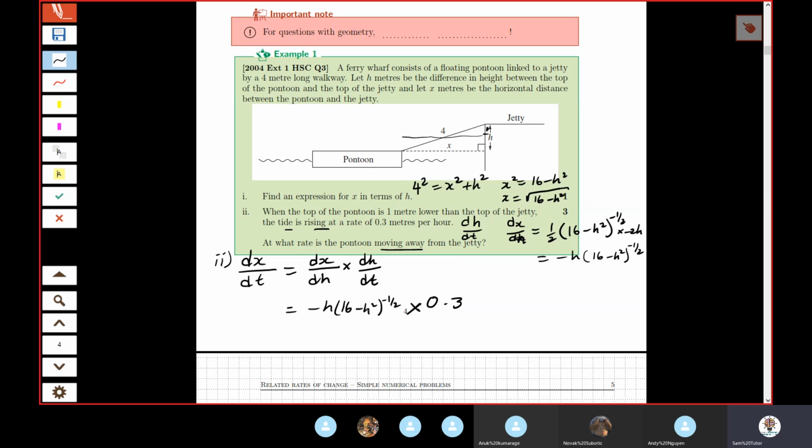You obviously know we've got to get rid of h, and that's saying when the top of the pontoon is 1 meter lower than the top of the jetty. So h is 1 meter.